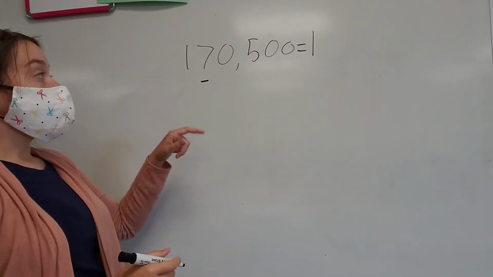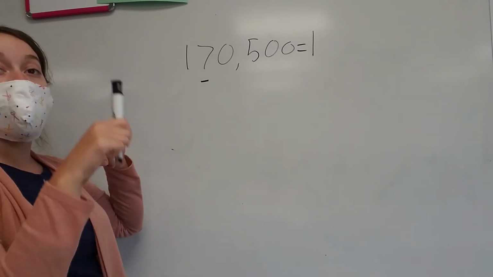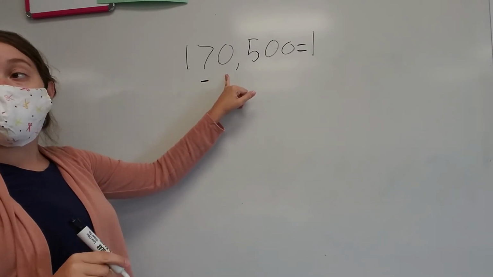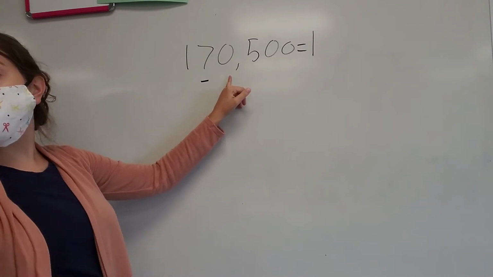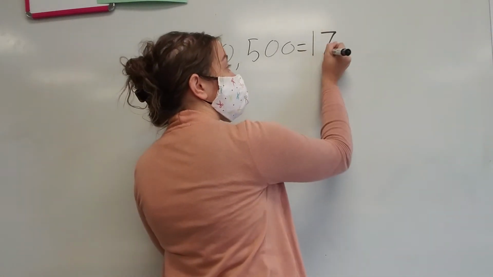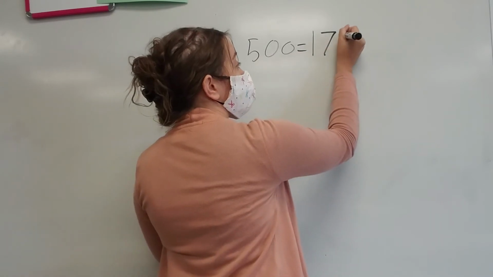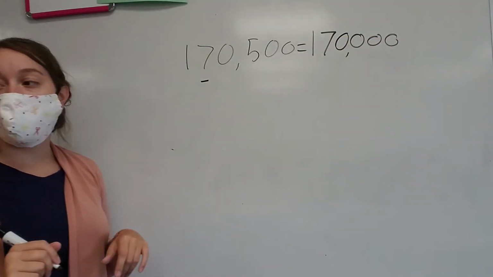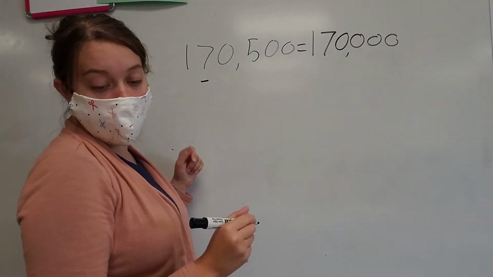Okay? Now I need to look at my 7 and see if it goes down and stays a 7 or goes up and becomes an 8. So next to it is a 0. Am I going to go up or am I going to go down? Everyone point. We are going down. We have a 0. So that means my 7 stays a 7 and I add 1, 2, 3, 4 zeros. Does that make sense?